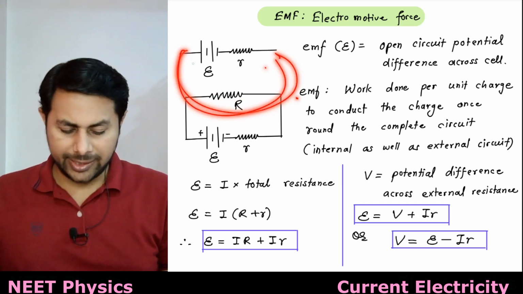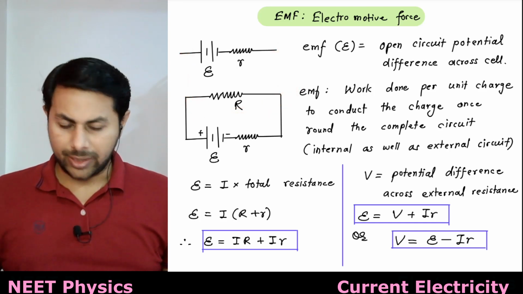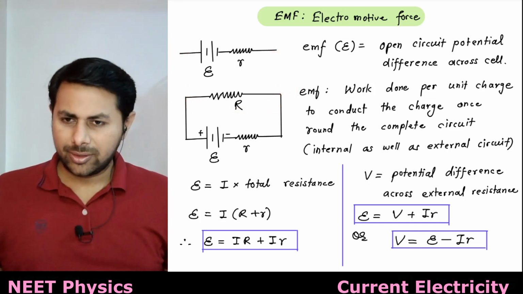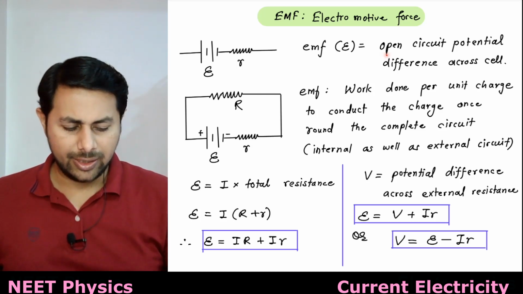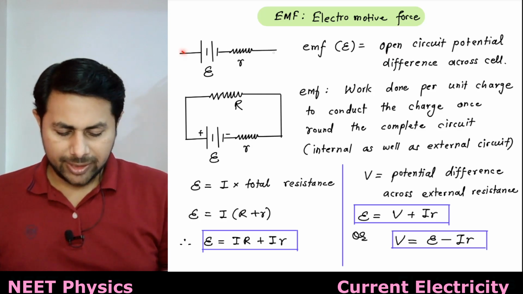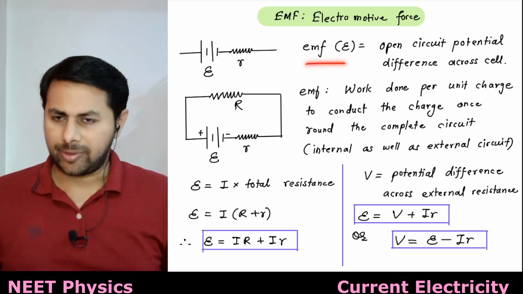They are not shorted. Shorting means just connecting the two terminals, or even through an external resistance, it is no longer open circuit. Then the potential difference across the positive and negative terminals is known as EMF.